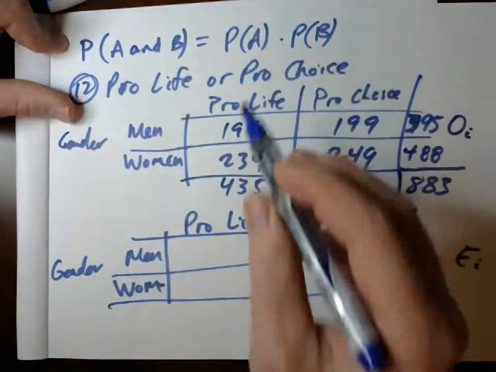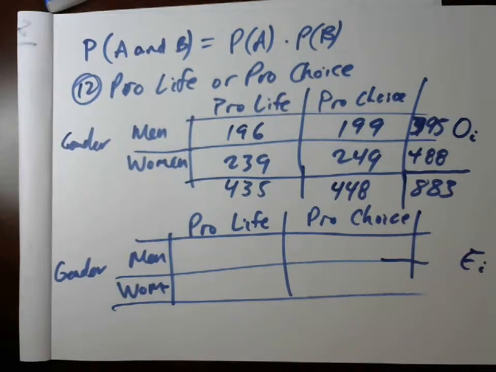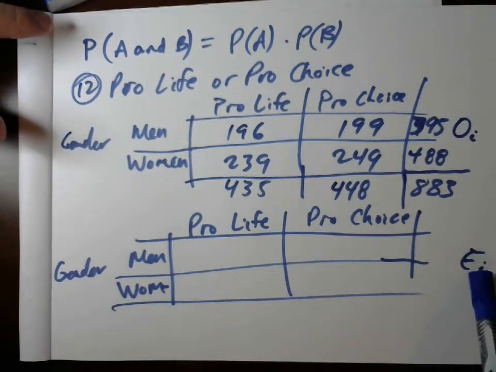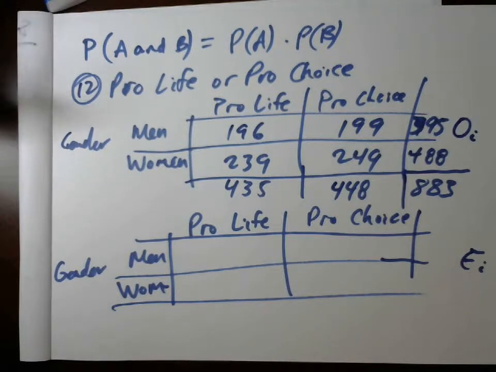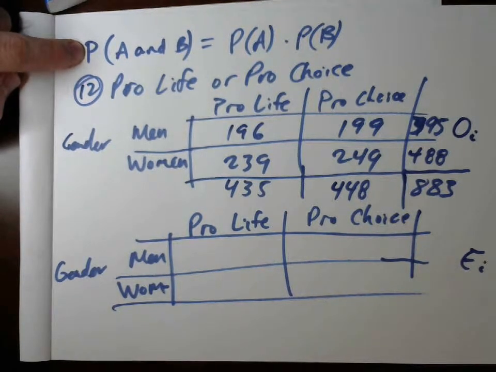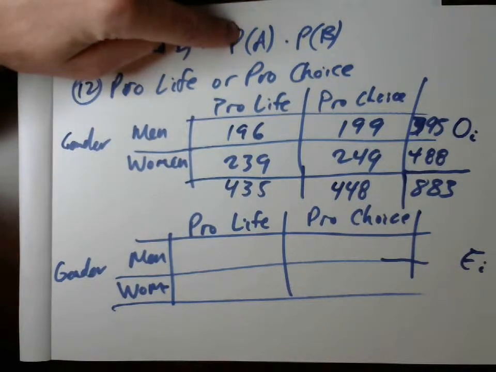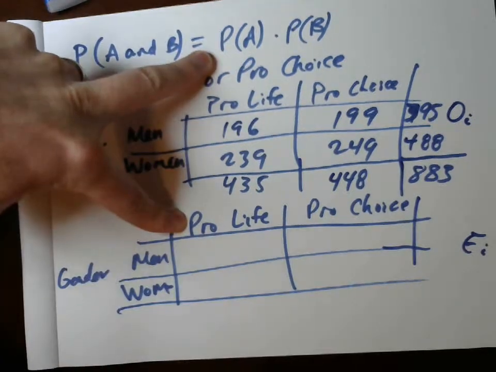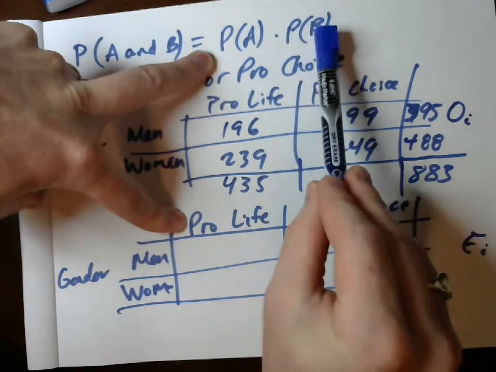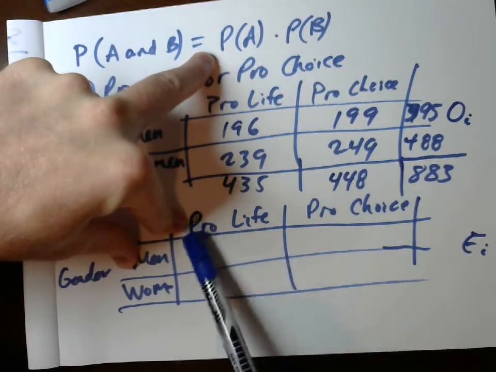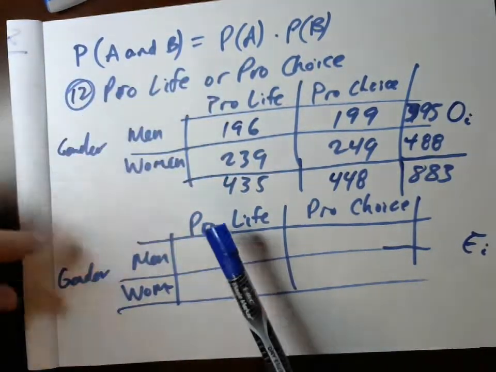How are we going to do that? We're going to assume that they're independent to determine the expected values. If they were independent, this equation would be true: the probability of pro-life times the probability of being a male should equal this cell right here, pro-life and male.